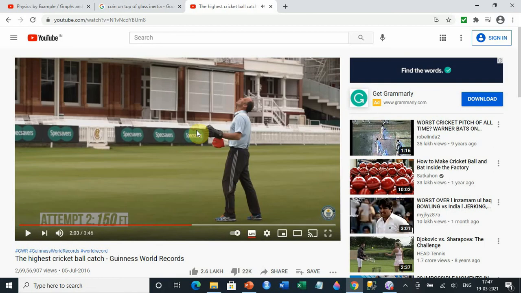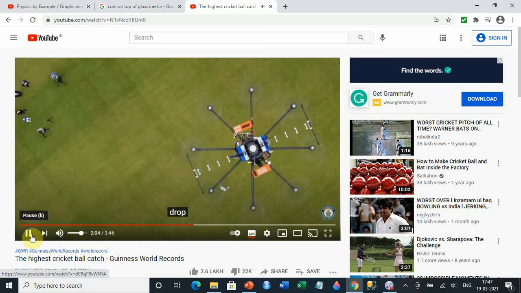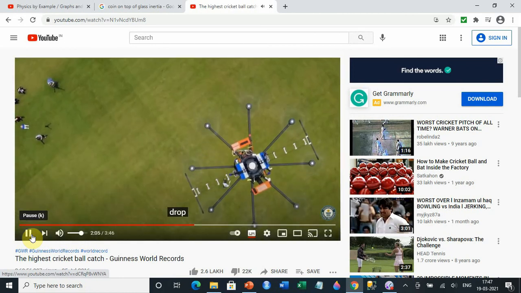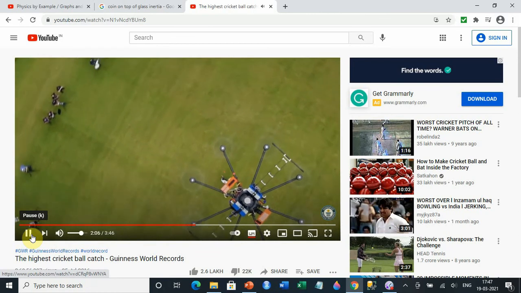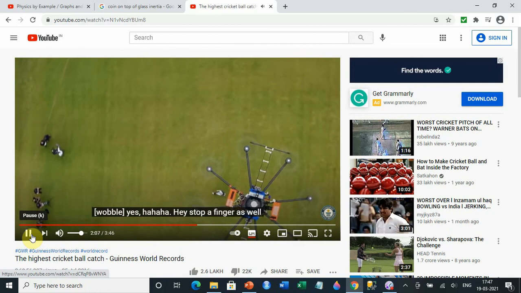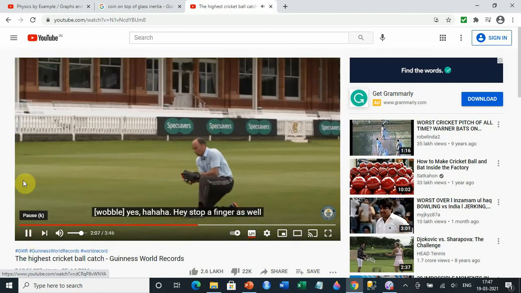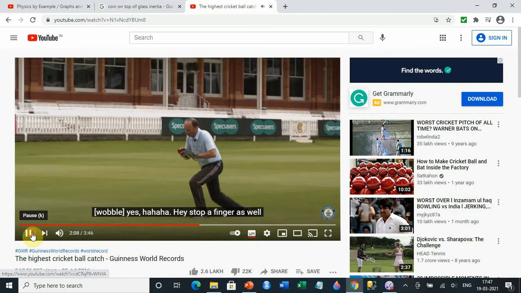The ball has fallen, he takes it in hand, and then moves his hand along with the ball very slowly. He took some time. He did not stop it just here. He brought his hand along with the ball for some time.